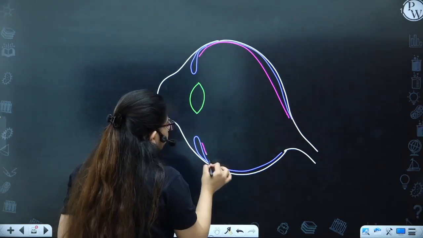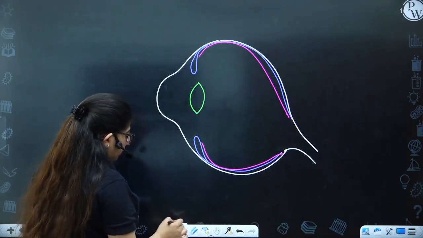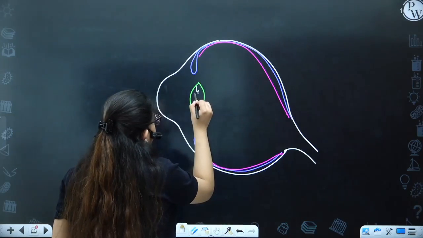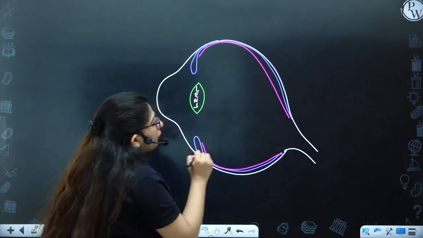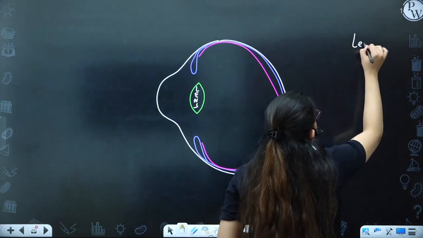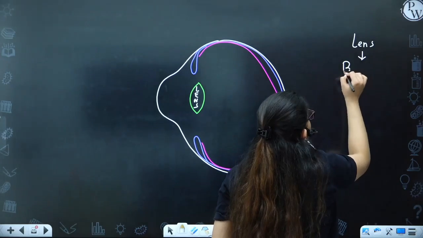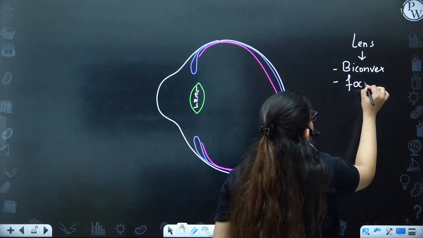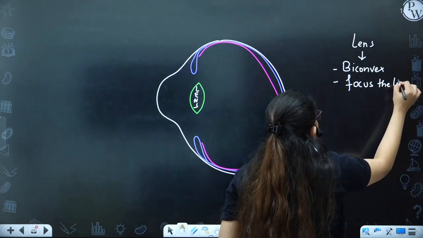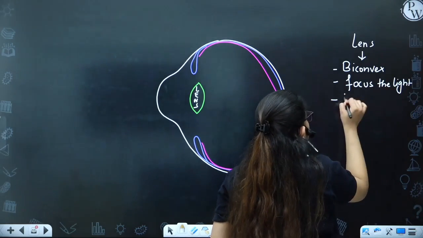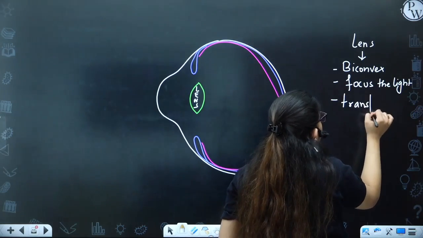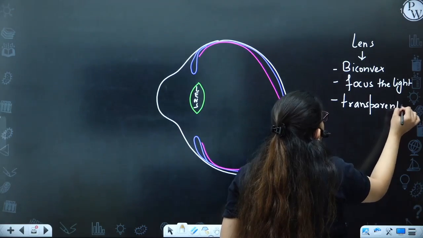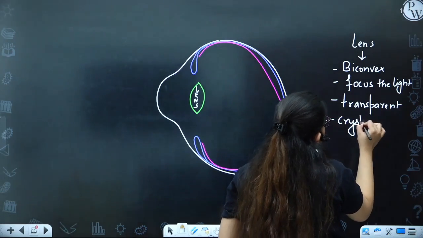And this is your lens. As I've told you, your lens is biconvex. What is the function? Focus the light. Transparent or opaque? It's transparent. What is it made up of? Protein. Which protein? Crystalline protein.